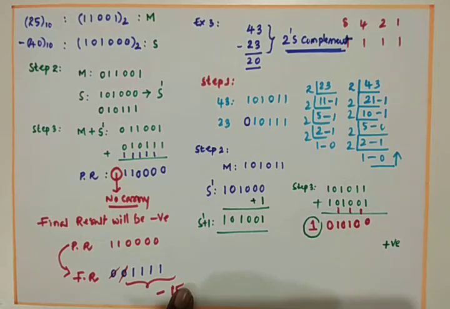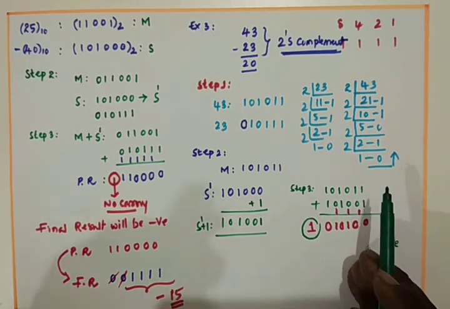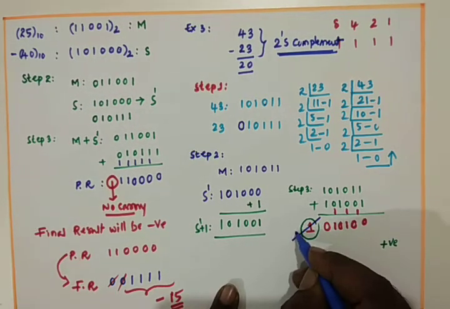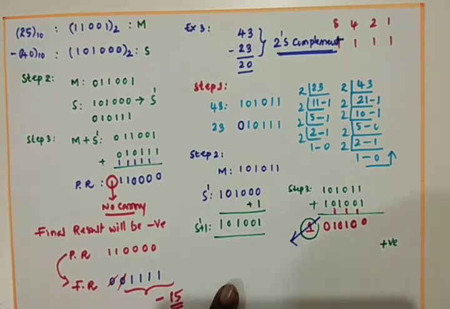And in case of 1's complement method, we added this 1 to the end. That is called end carry. But in case of 2's complement method, we simply neglect this carry, and the remaining will be the answer only.